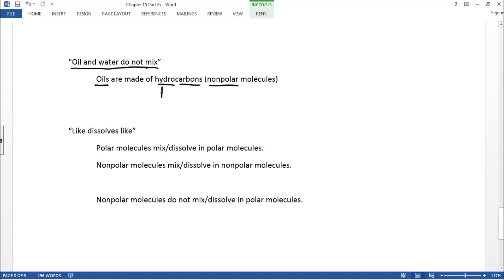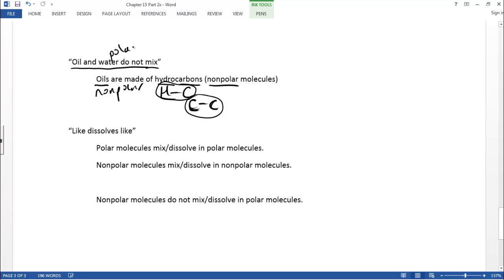And hydrogens bond to carbon, and carbon bonds to carbon through nonpolar covalent bonds, right? The CH bond, we just have to remember that's a nonpolar covalent bond. And 2 atoms of the same element, CC, those are also going to be nonpolar covalent. They're going to share fairly. Okay, oils are nonpolar molecules.